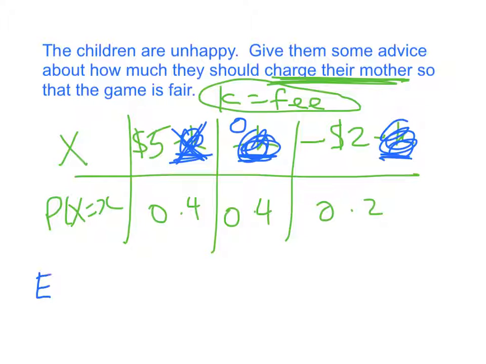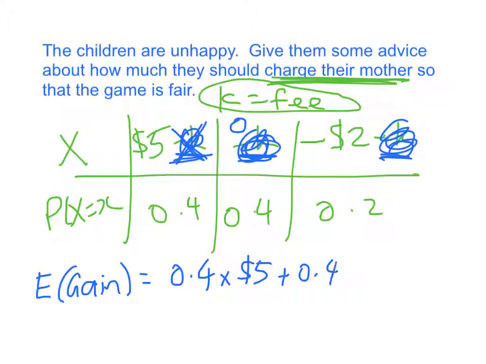So the expected gain is going to be 0.4 times the $5 plus 0.4 times the nothing plus or minus 0.2 times the 2, and then minus the k. If the game's going to be fair, that all has to work out to be 0.